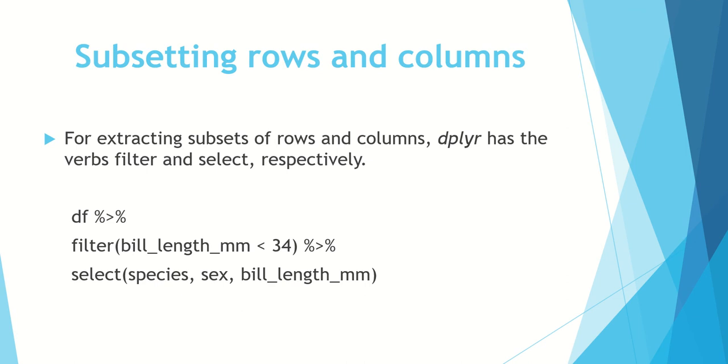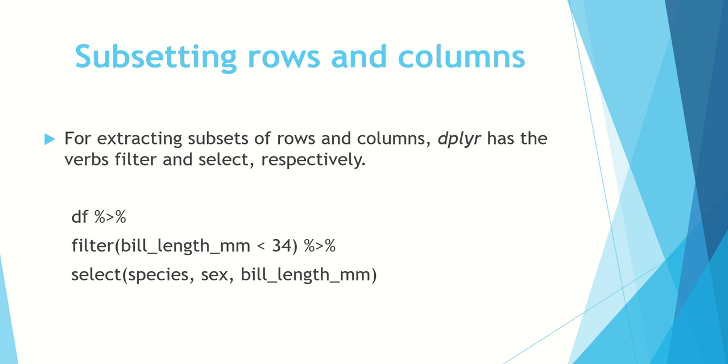So pass the data frame name, then use the filter function, pass the column name along with the values, then use another pipe operator, and in the select function write the names of columns which need to be accessed. If we run this, we get all the rows and columns we specified from the data frame.